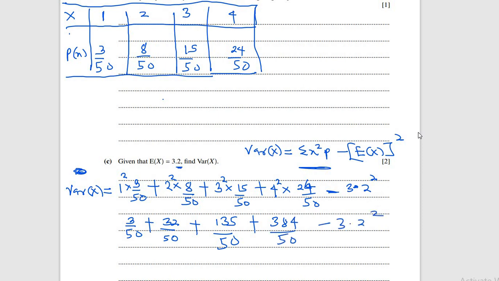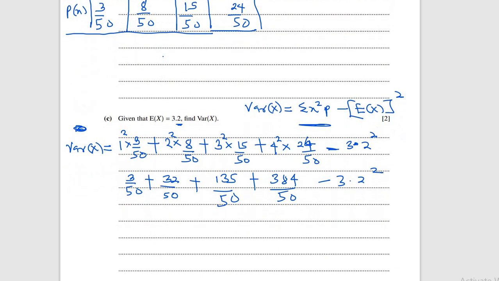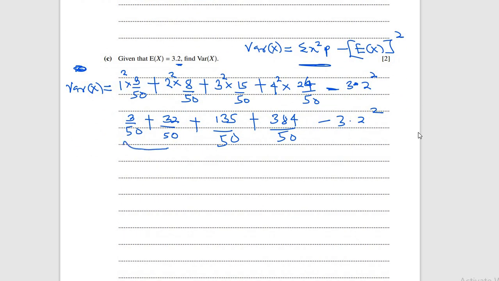Minus 3.2 squared. All this, when you add it together, I think gives us 11.24 minus 3.2 squared. That gives us 0.84. That's the answer.